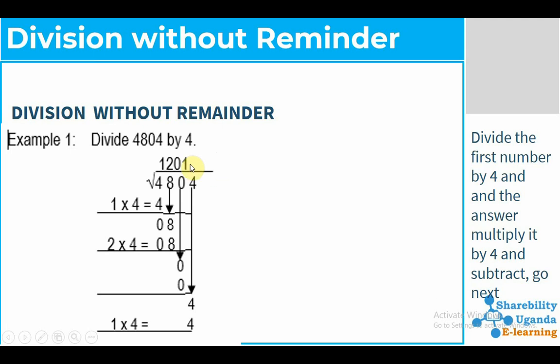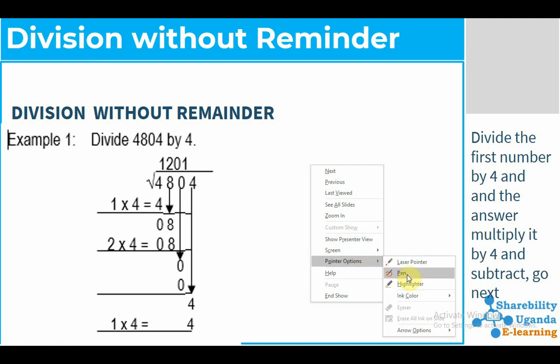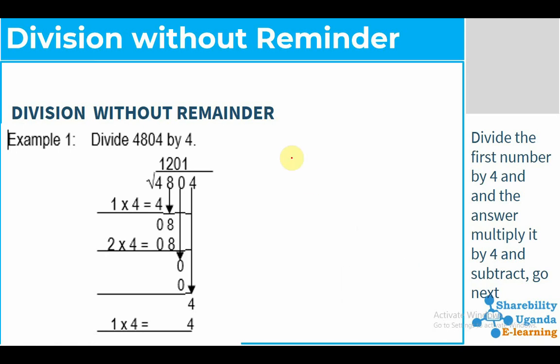When you are given a number like this, you draw it in this way. Sometimes people use this other way, which is also okay. It is the same. You can do that.